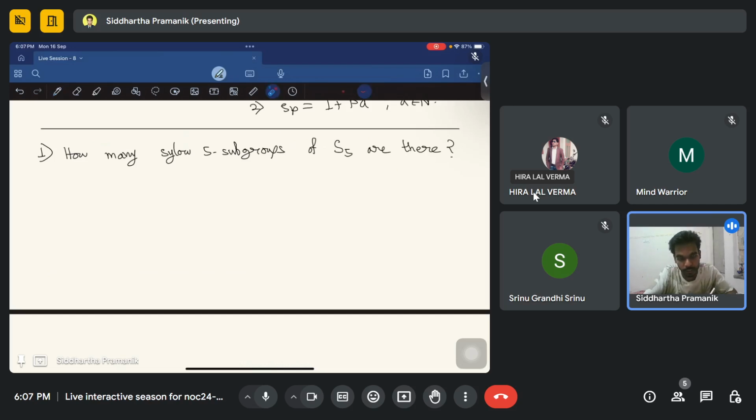So we need to basically count the total number of Sylow 5-subgroups of S5. To solve this question, we first need to know what is the order of a Sylow 5-subgroup in S5.